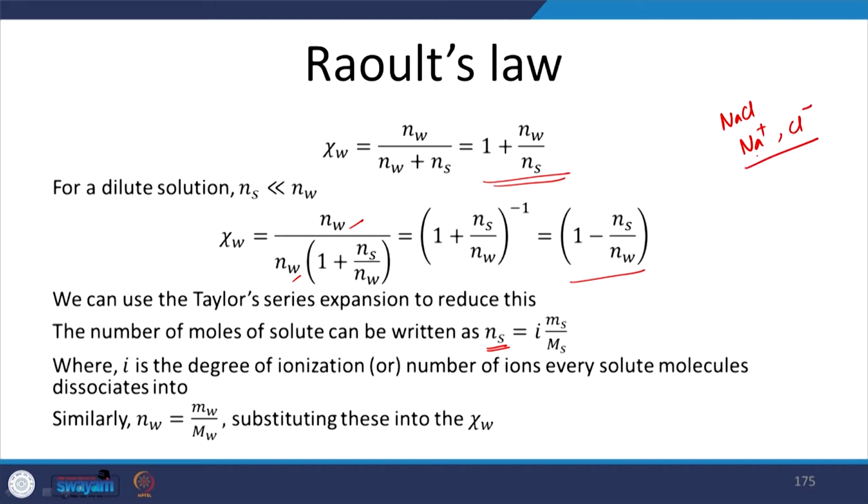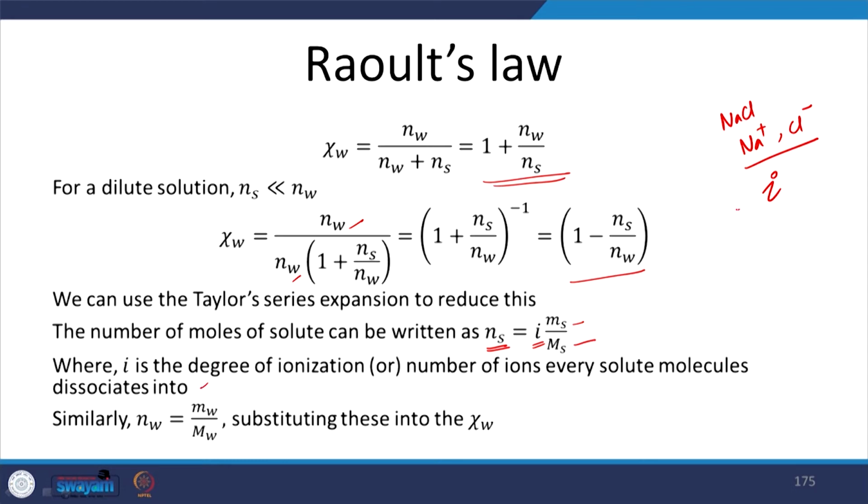So, the number of species that come out of the dissociation can be characterized by the degree of dissociation or degree of ionization. So, the number of moles of solute Ns is i times Ms by capital Ms, where capital Ms is the molecular weight, and i is the degree of ionization, or the number of ions every solute molecule will dissociate into.